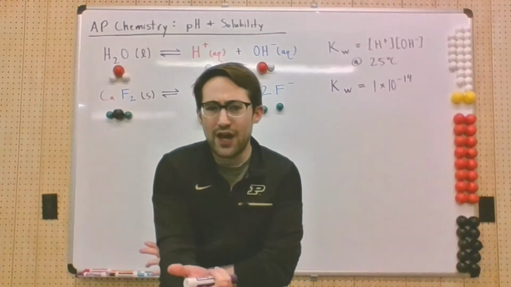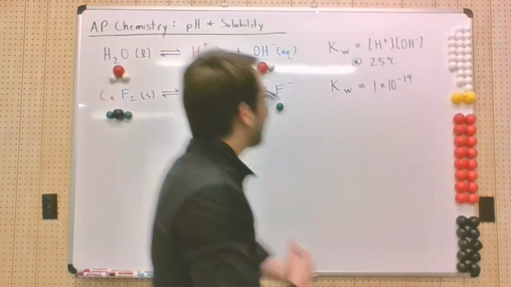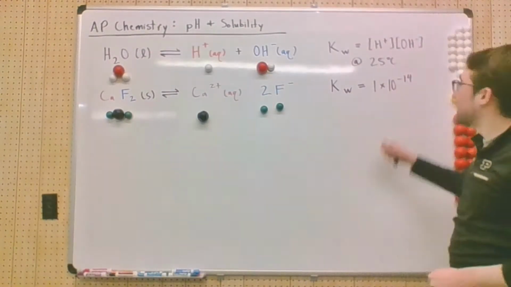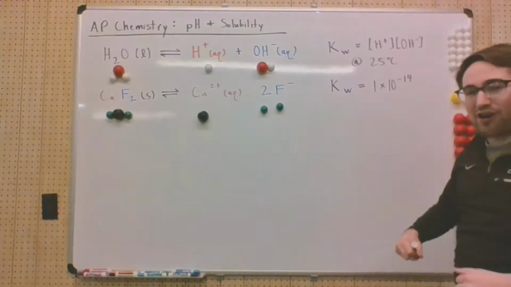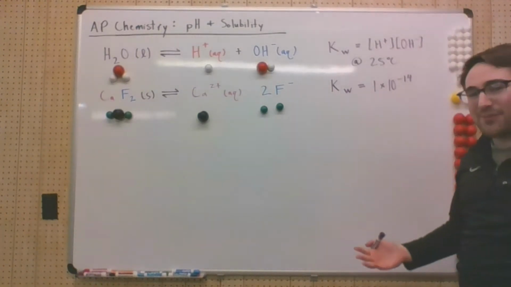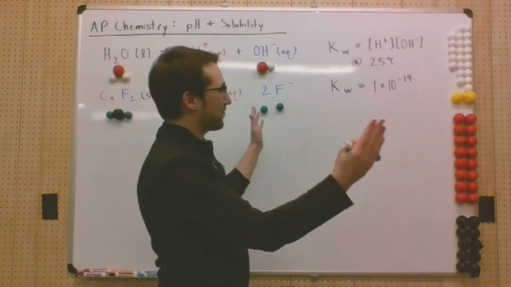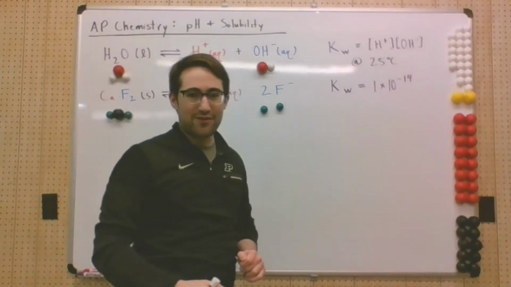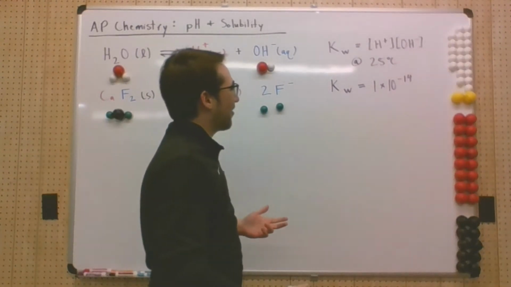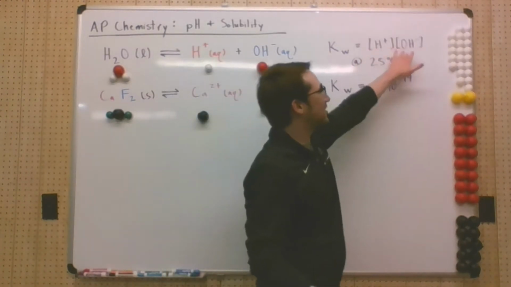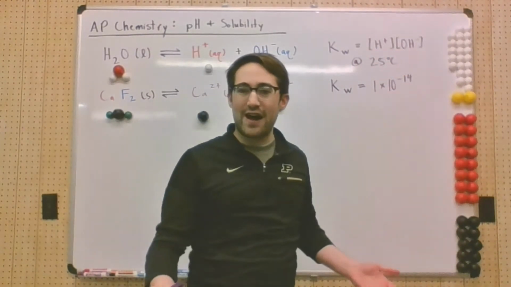Okay? So, if H plus and OH minus are equal to each other, then we can kind of treat them as the same thing. So we could multiply those together. Okay? We could solve for the concentration of H plus or OH minus at any given time. Okay?